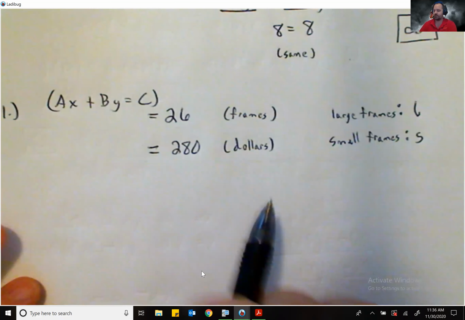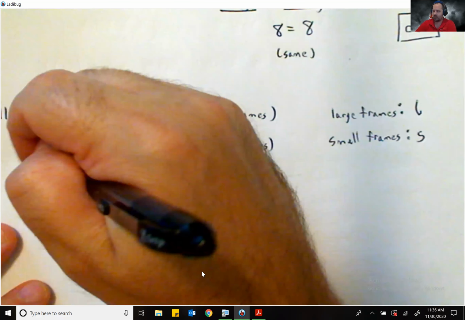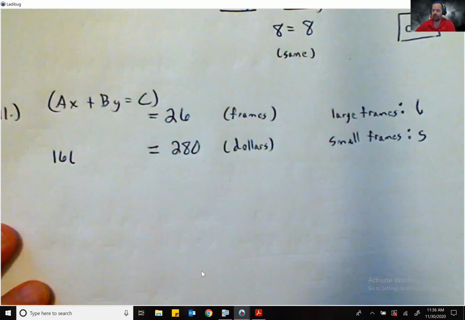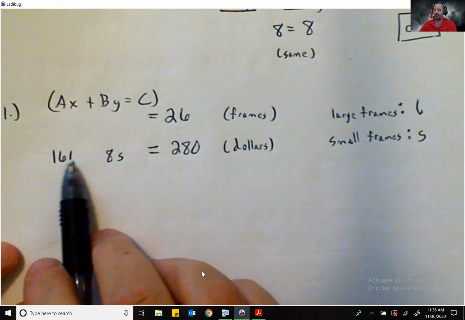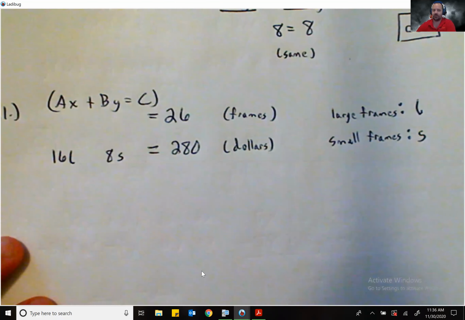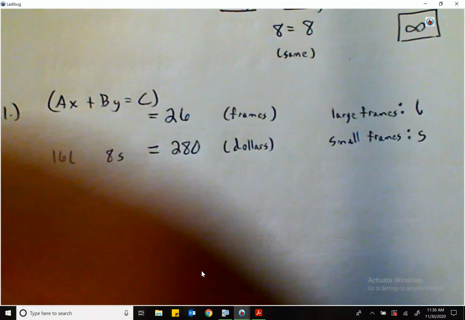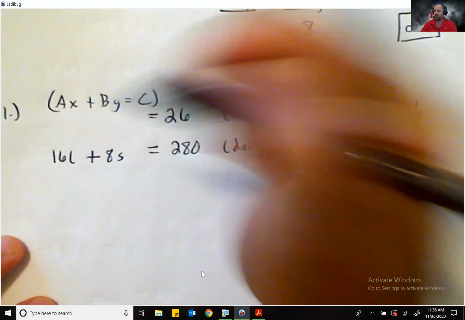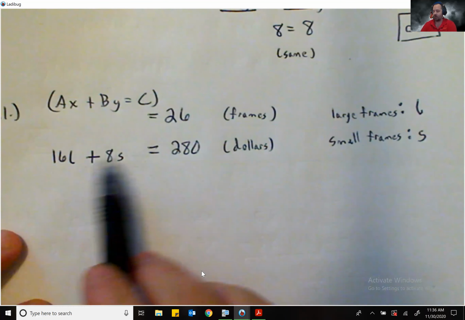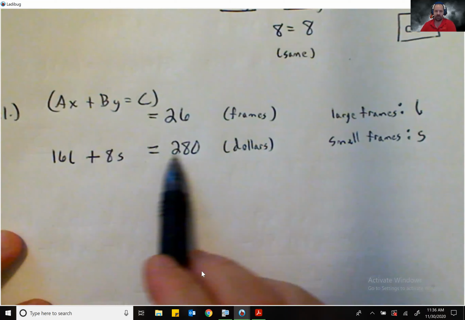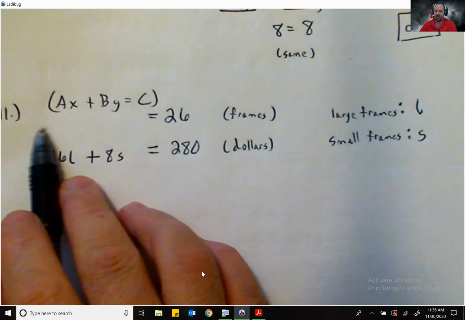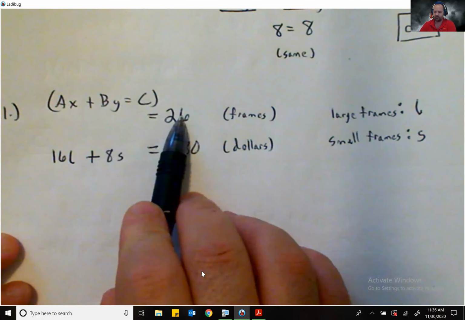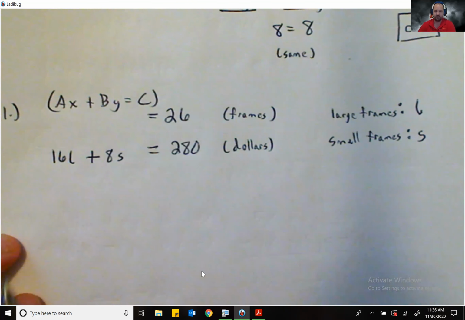So with the dollars, it was $16 for a large frame and $8 for a small frame. Should I add these or subtract these? What sign should go between them? Add. Okay, and notice that this makes sense. This is dollars, dollars, dollars, money, money, money. Up here, it wouldn't have made sense if I put the 16 and the 8 because it would have been money, money, frames. That doesn't make any sense.